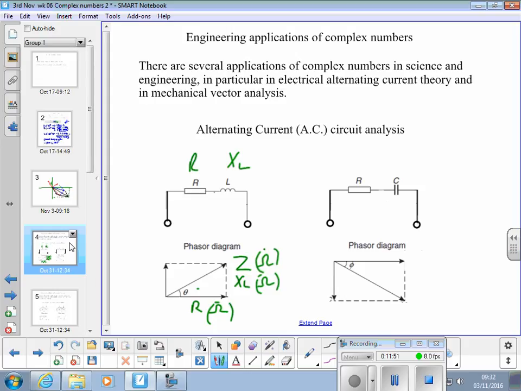If we have the RC circuit, this is RL, resistor, inductor. This is RC, resistor, capacitor. The capacitor has a negative XC about it, also measured in ohms, the capacitive reactance. And it also has its resistance, and then it ends up with an impedance that is a combination of those two. Got magnitude and direction.